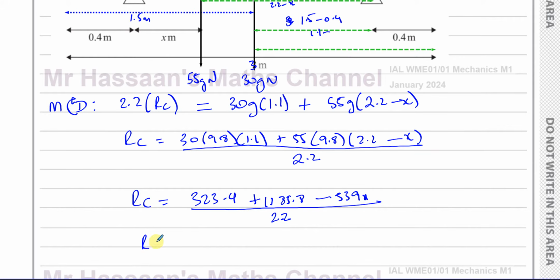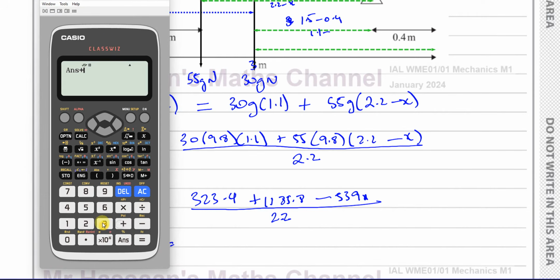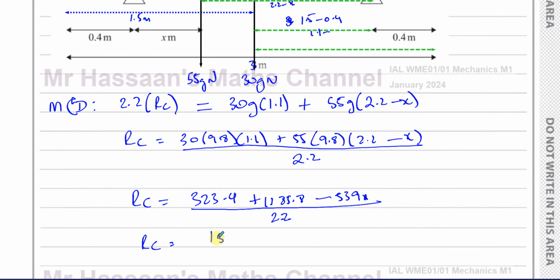So we can say RC equals, so add these together. So that plus 323.4 gives us 1509.2, so 1509.2 minus 539x, over 2.2.